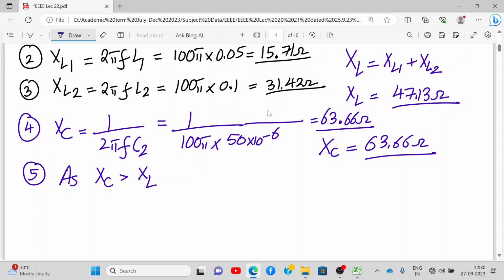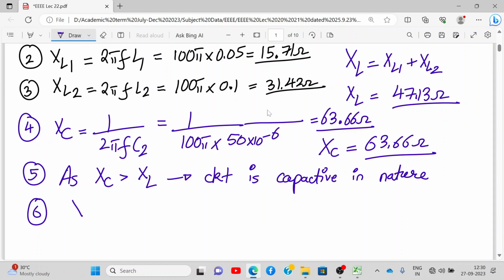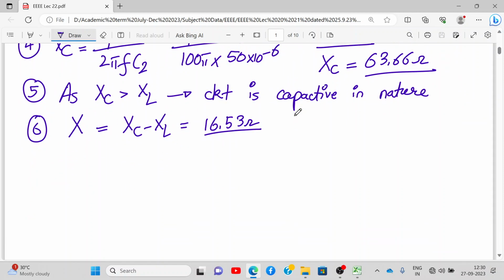Got it? Then calculate net reactance X, which will be XC minus XL. How much is that? 16.53 ohms.